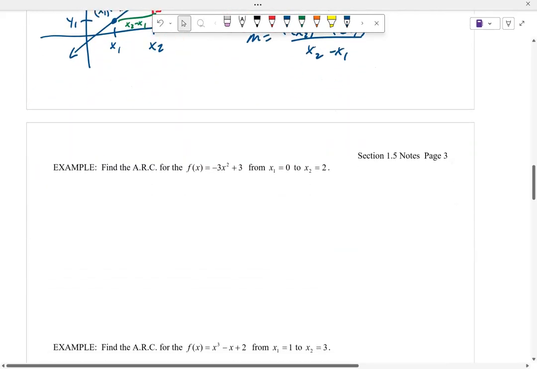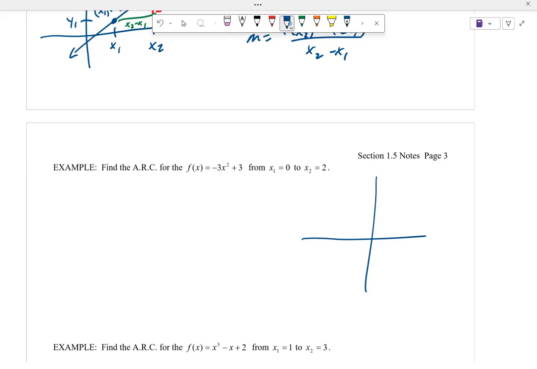So let's find the average rate of change of negative 3x squared plus 3. And I'll give you a little picture of this. If f of x equals negative 3x squared plus 3, this is a quadratic. Where x is 0, let's throw 0 in and see what we get. 0 times anything is 0, 0 plus 3 is 3. So I get (0, 3) right there. That's the top of the graph. We'll actually graph quadratics later in the course.